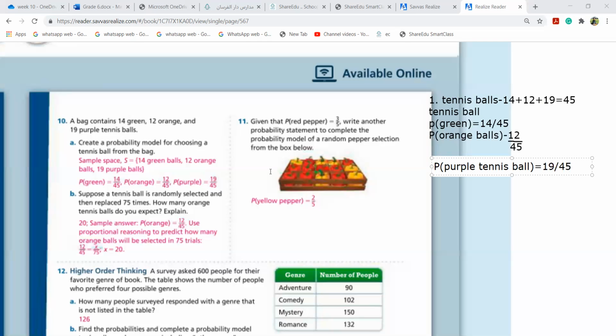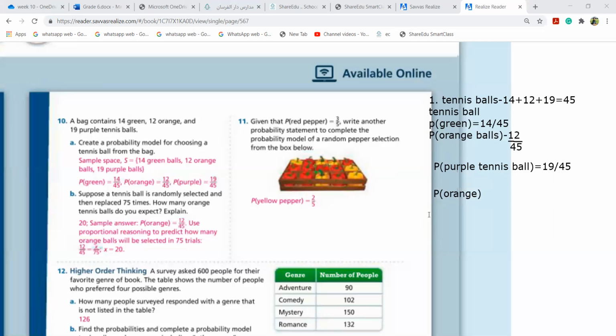Yes. Very good. Suppose a tennis ball is randomly selected and then replaced 75 times. Instead of 45, if it is replaced 75 times, how many orange tennis balls will come? P of orange. Girls, see very carefully.